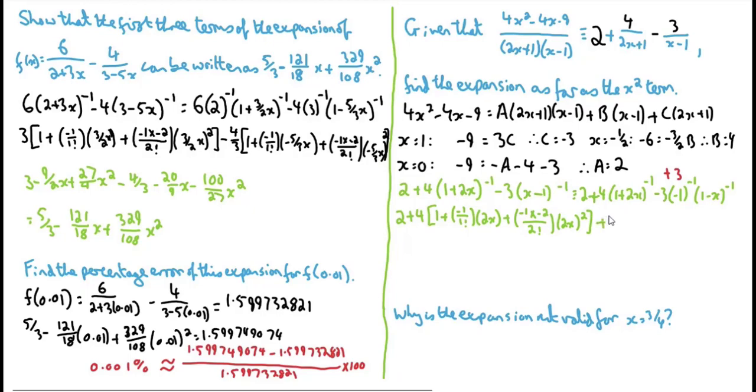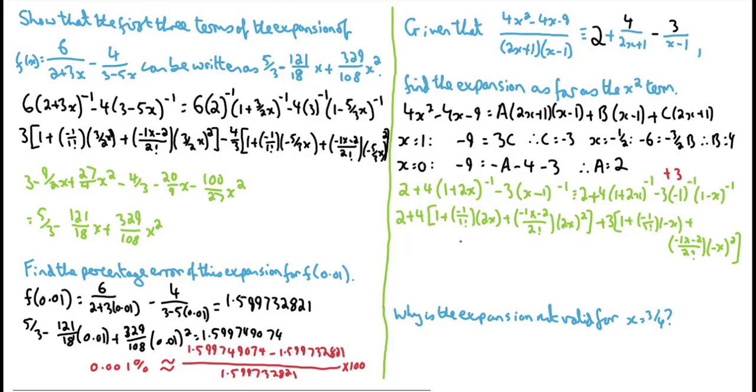Now add to that 3 lots of 1 plus minus 1 over 1 factorial times by minus x, and then plus minus 1 times minus 2 over 2 factorial times by minus x squared.